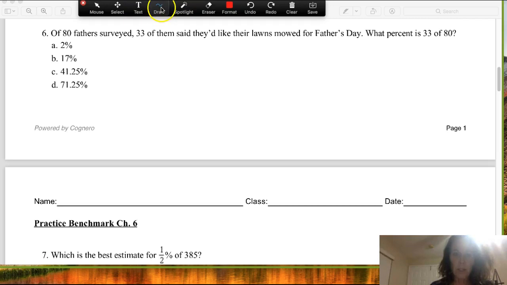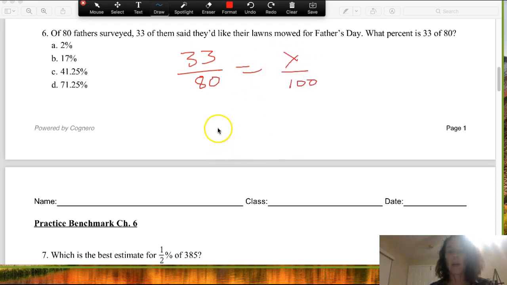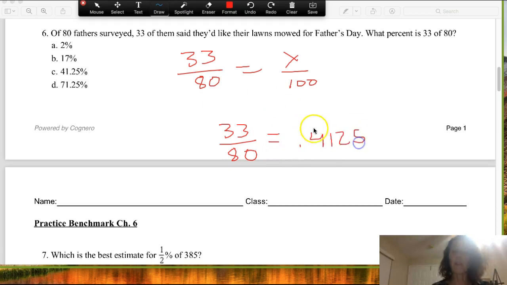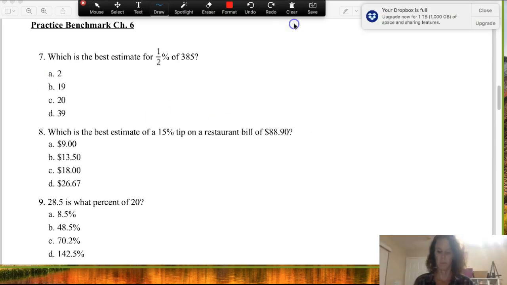So all I have to do, once again, I can set up a percent equation, or I can say 33 out of 80 equals X out of 100 and cross multiply, or I can just do 33 out of 80, do the division. 33 divided by 80 is going to give us 0.4125, and then to change it to a percent, I move over 2 places: 1, 2, and I land right there. So it's 41.25%, and that would be C.